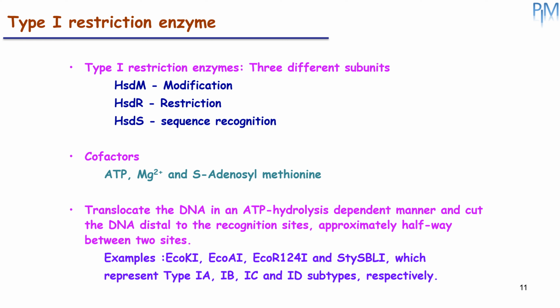They have 3 different subunits, HsdM, HsdR and HsdS. They also need cofactors like ATP, magnesium ions and S-adenosyl methionine. The best examples for the type I restriction enzymes are EcoKI, EcoAI, etc.